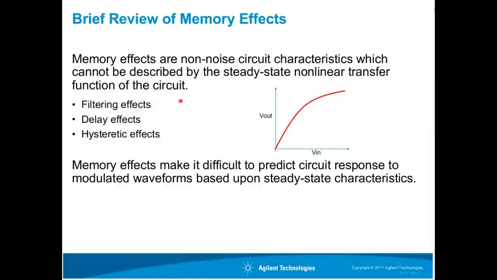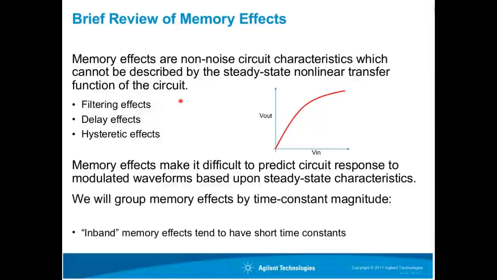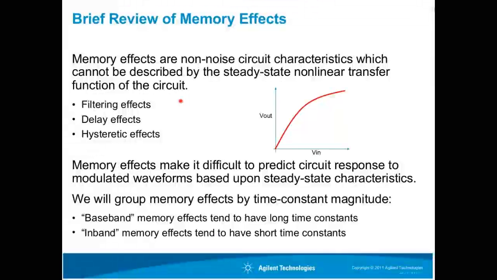So that's been the challenge that we've been faced with for circuit memory effects. For the purpose of our discussion, we're going to group memory effects into two different types. Long-time constant memory effects we're going to call baseband memory effects. And those that tend to be in the band of interest have shorter time constants, and we'll call those in-band memory effects. So let's take a look at what some of these memory effects look like.